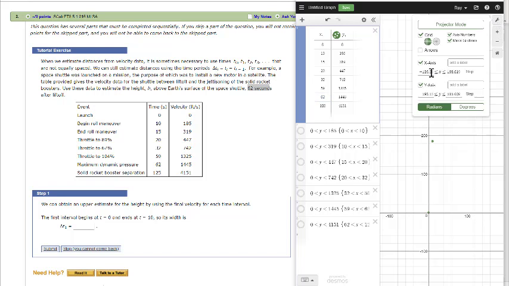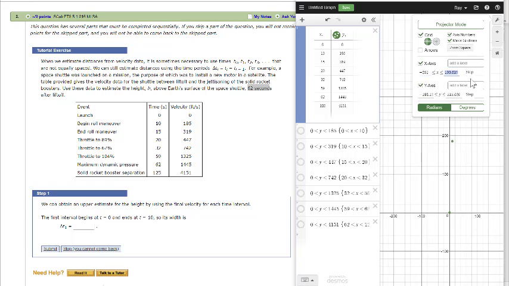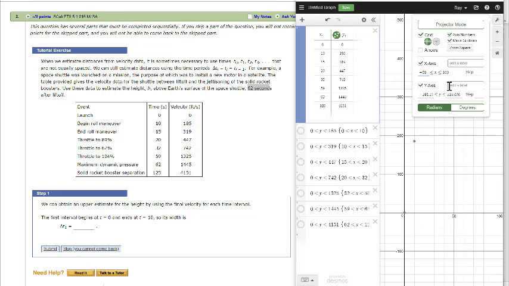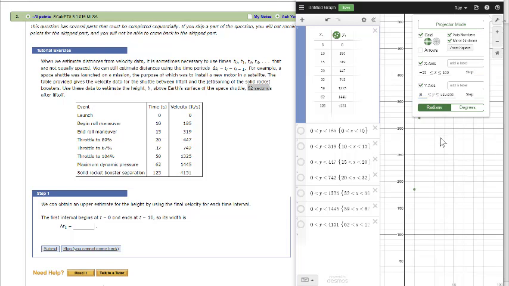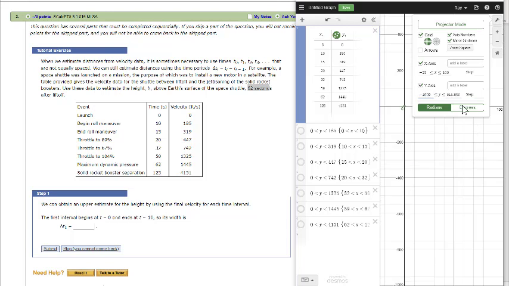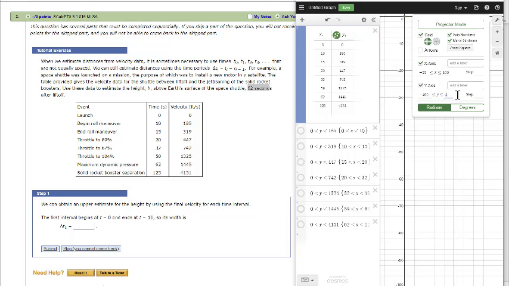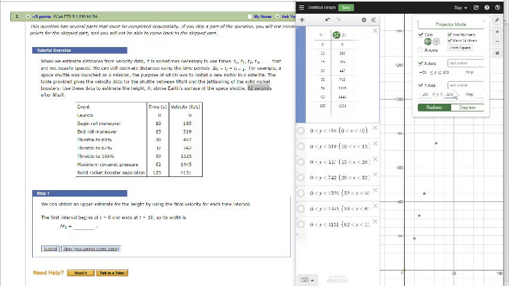Let's adjust this so that our x-axis goes from minus 25 to 100, and our y-axis, we don't have anything below this, so maybe we'll just go negative 100 just in case, and then as far as 1500 so that we can see a lot of these.